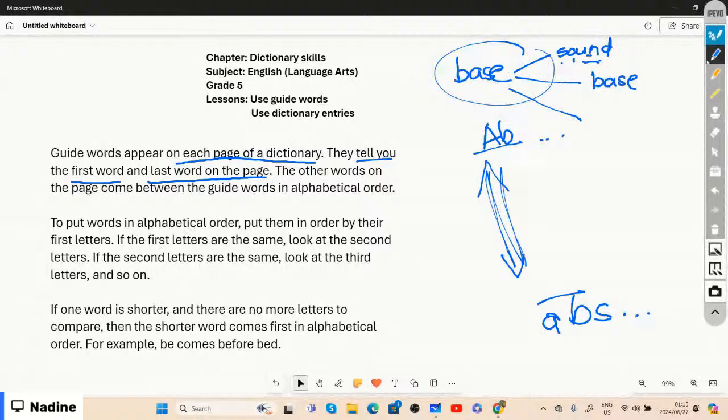So there are different meanings to the word. In a dictionary, you will get different meanings of that word, whereas with the thesaurus, they'll give you one meaning, but they'll give you all the synonyms of that word, words that mean the same as base. And an encyclopedia is where you're looking for information on different subjects or aspects of a subject.